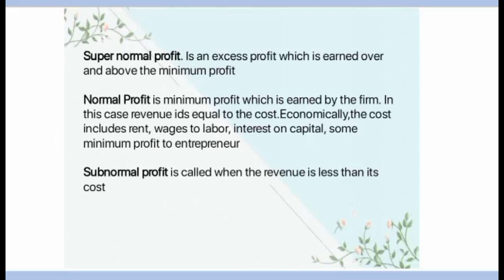Next is normal profit. Normal profit is the minimum profit which is earned by the firm. In this case, revenue is equal to the cost. Economically, the cost includes the rent, wages to labor, interest on capital, and some minimum profit to the entrepreneur. Normal profit is an economic term that usually refers to a situation where the normal revenues of a company are equal to the cost.